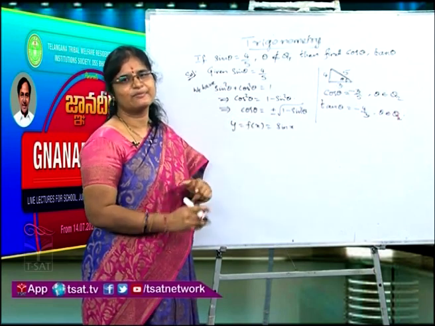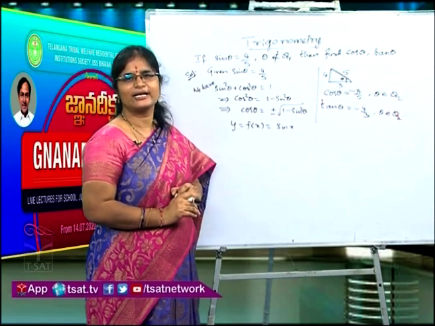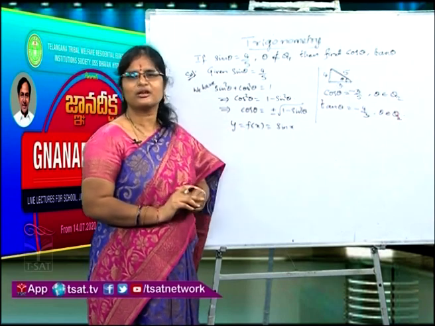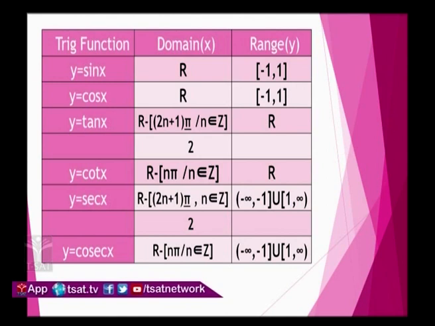Now, let us observe what are the domain and range for these 6 trigonometric ratios. If you observe the table, children, for sine and cos, domain is capital R. What is capital R, children? Real numbers. Okay. What is actually domain and range first of all?